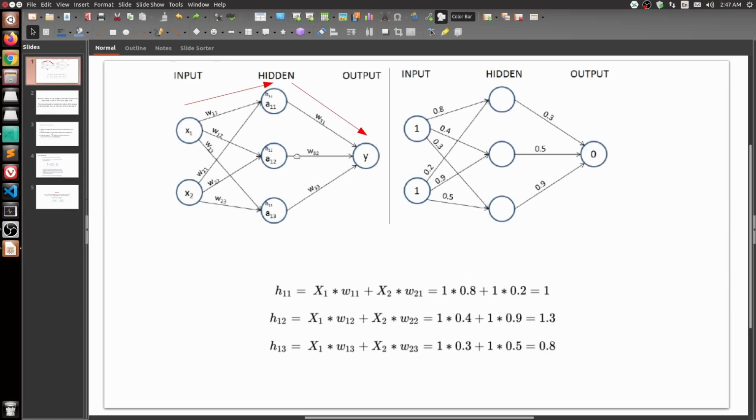So the weight here is W11 because the next layer's node it's going to is 1, and the previous node is also 1. But the second weight here will be W12 because it's going to node number 2 in its target, and it originates from previous node number 1.